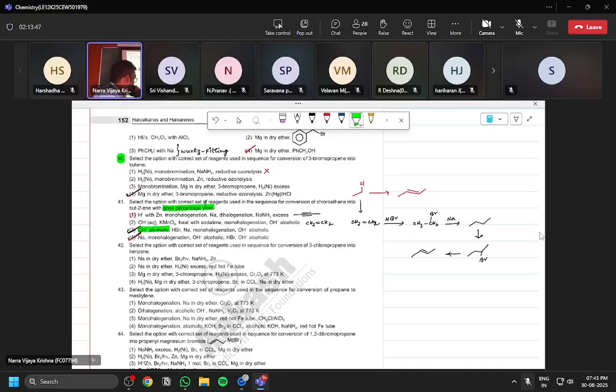Both are suitable. Alcoholic KOH, elimination. Then you are adding HBr and then the Wurtz reaction. After that, you are doing monohalogenation.